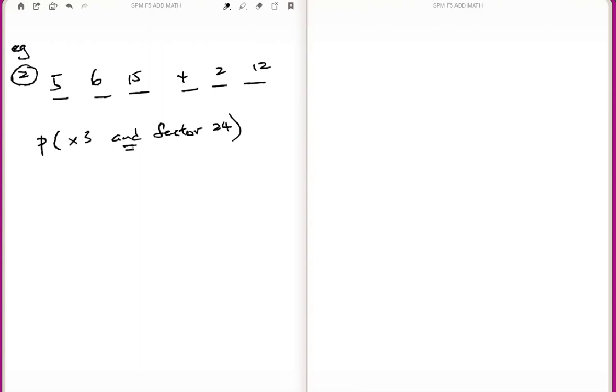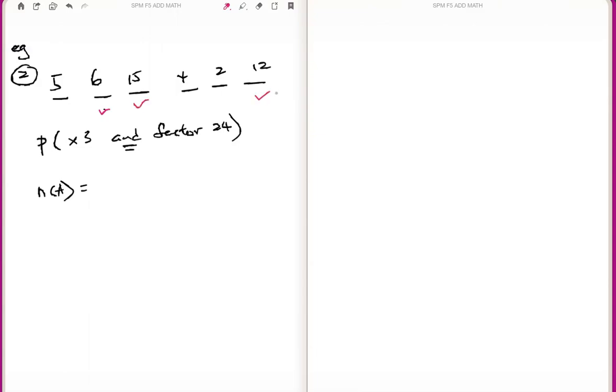You find that this A and B, multiple of 3 and factor of 24, they are overlapping. So you might use the union, sorry, not union, exclusive, and. Right? So, say for example, over the 6 cards, I have 2 events A and B. The numbers for A, multiples of 3, will be 6, 15, 12.